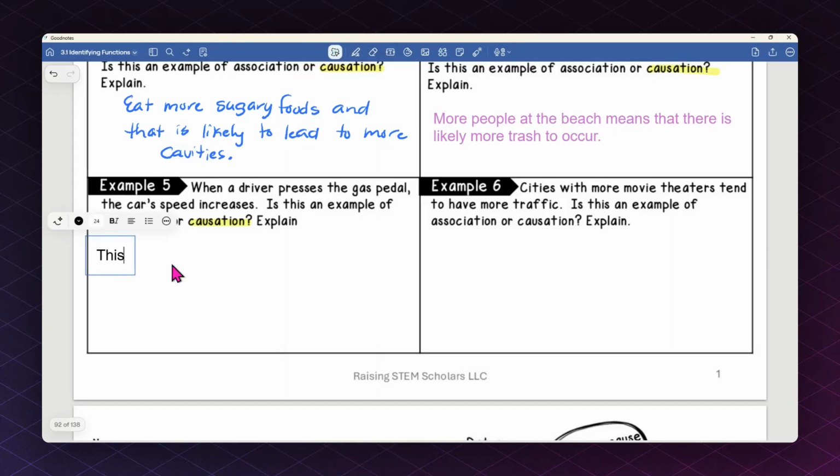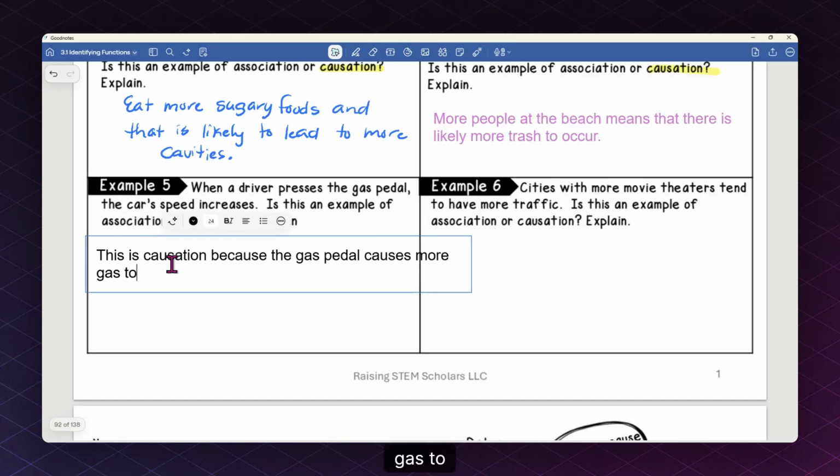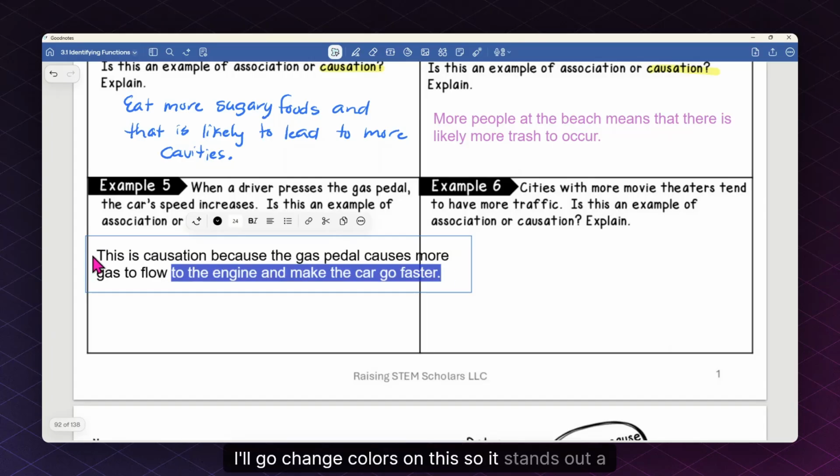So this is causation because the gas pedal causes more gas to flow to the engine and make the car go faster. So I'll go change colors on this so it stands out a little bit.